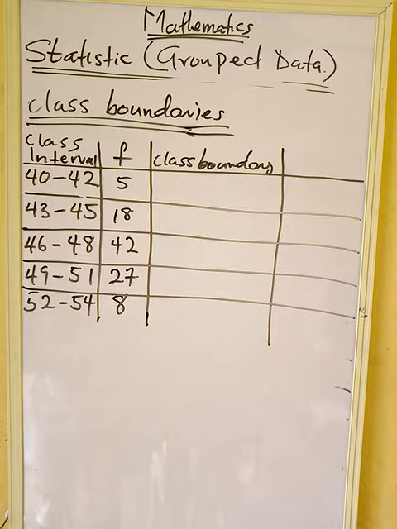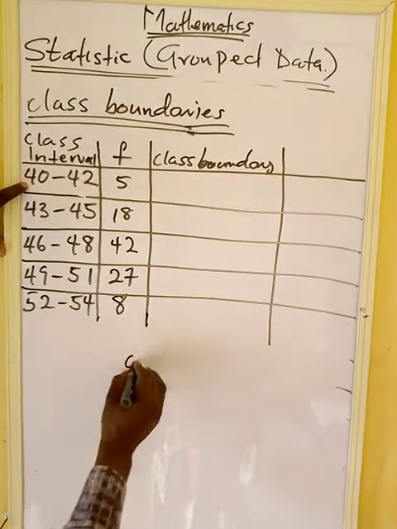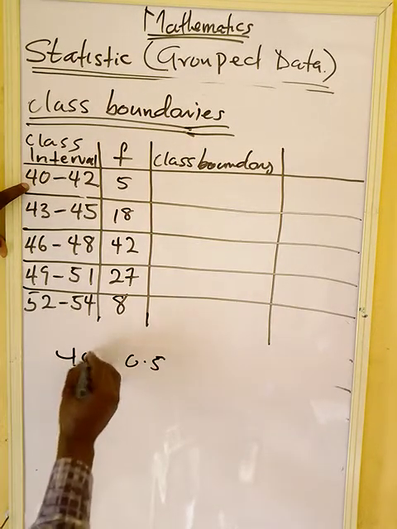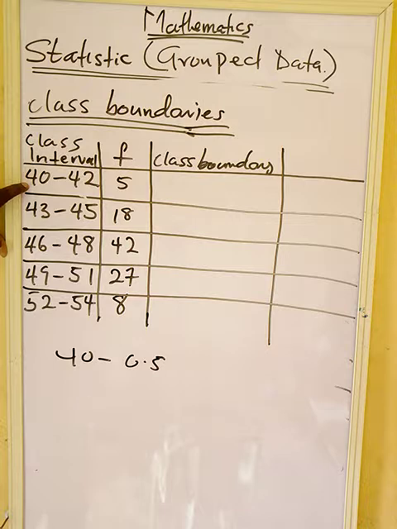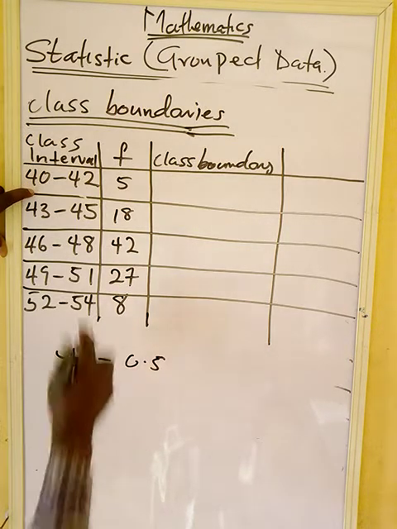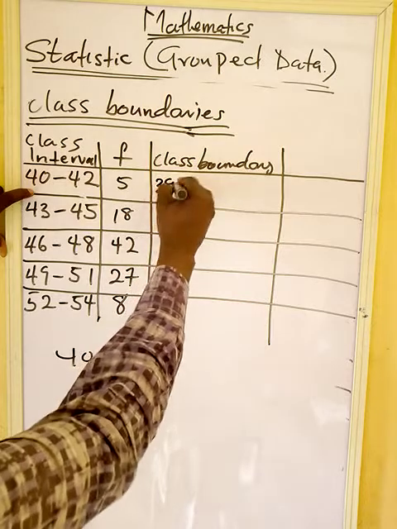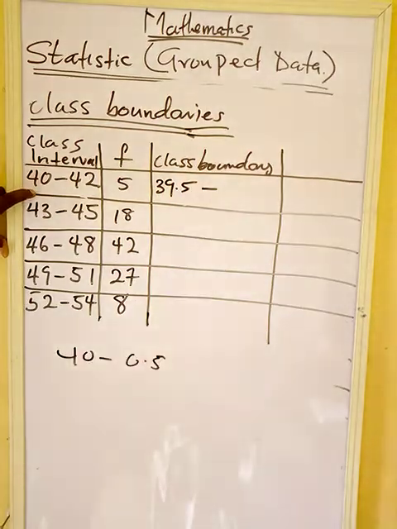To get our class boundary, we deduct 0.5 from 40. That is 40 minus 0.5 to get our lower class boundary, which gives us 39.5.